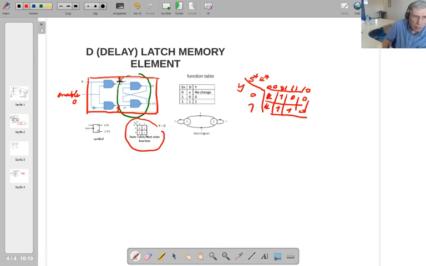Now, when you have 1, 1 here, the definition relation of this element tells me no change. That means not working. What is not working? That circuit here is not working when enable is 0. When enable is equal to 1, I am leaving it to you to examine the behavior of this box.